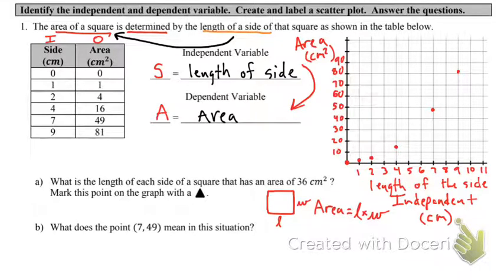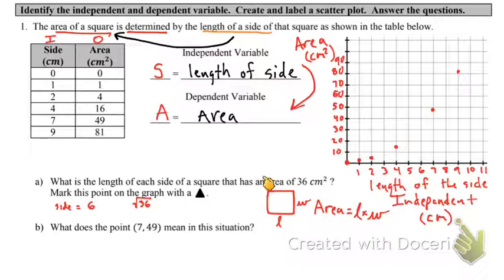So the side of the square, or the length of the square, has to equal 6. How did I get that? Well, we take 36 and mathematically we are just taking the square root.